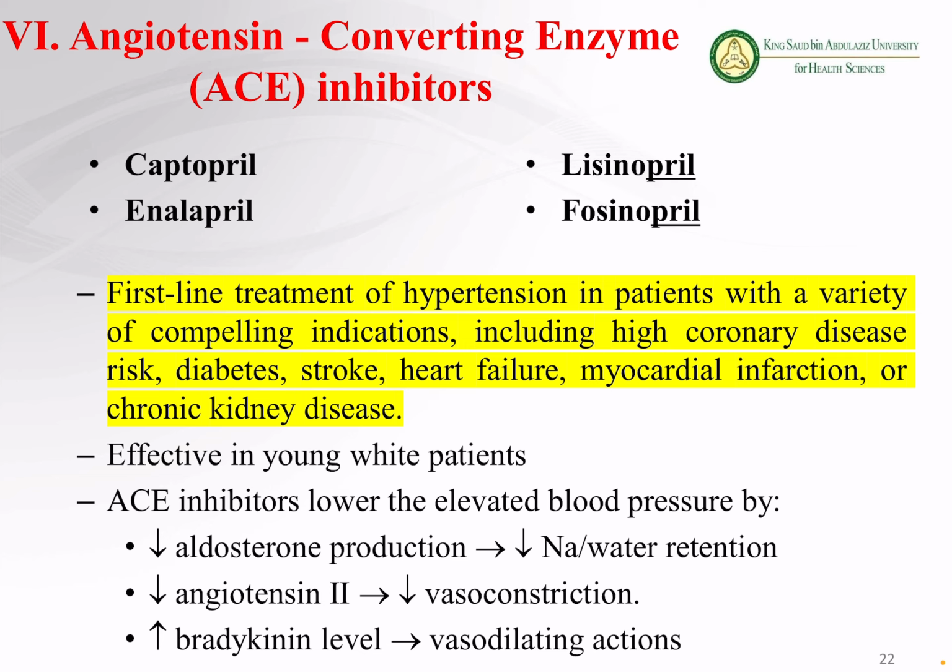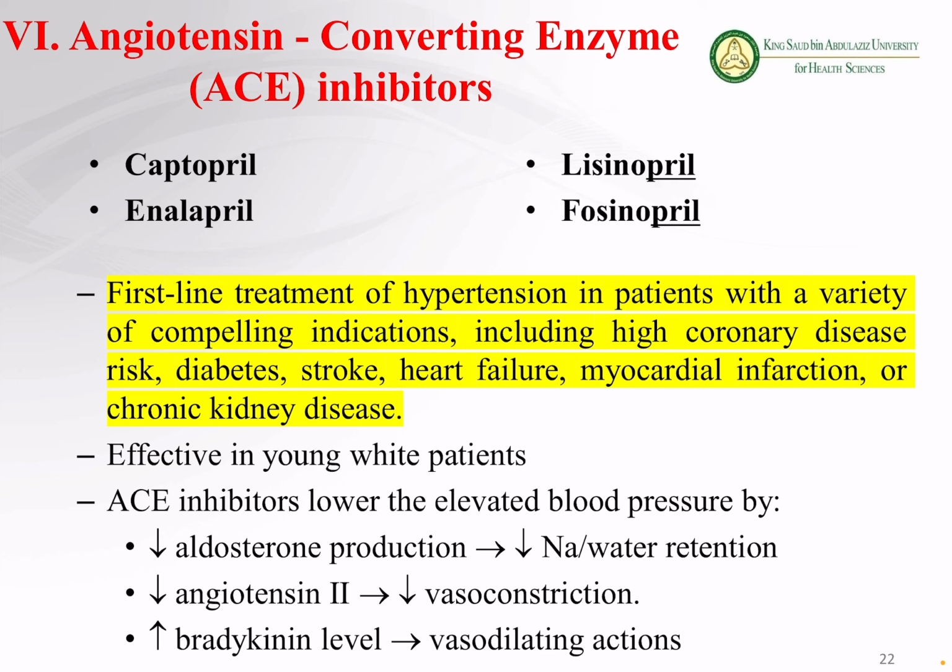Number three, these drugs are responsible for the production of bradykinin. Now this bradykinin is basically a vasodilator in nature. So increased bradykinin will lead to vasodilation, and thus decrease the blood pressure.